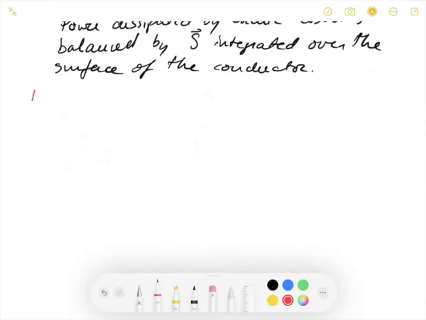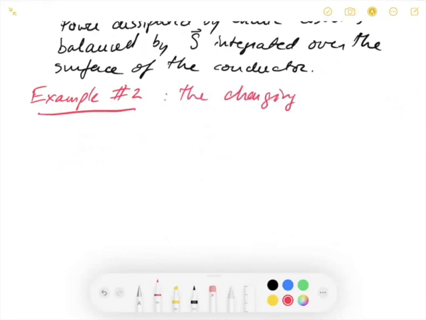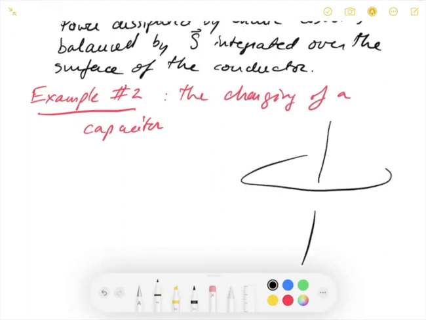Okay. A second example where you might see this. Example number 2: the charging of a capacitor. All right, so let's say we're doing this with an ideal parallel plate capacitor.